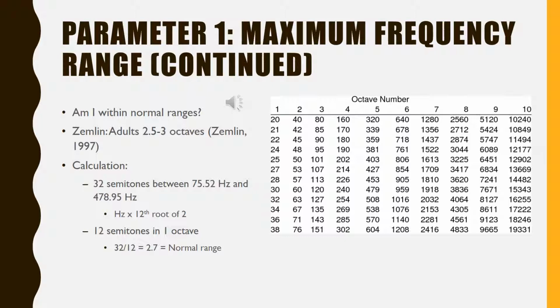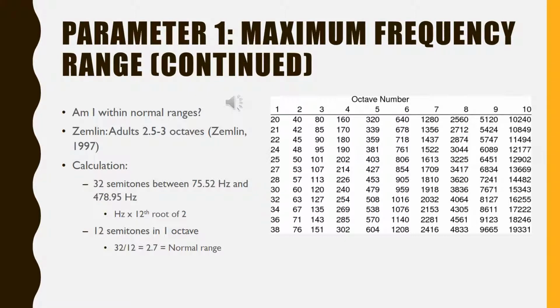We learned the calculation to do that, so basically what you need to do is take the lowest pitch, 75.52, multiply that by the 12th root of 2, take the next number, multiply by the 12th root of 2, and keep doing that over and over again until you get to 478.95, and then you can count how many semitones there are. An easier way to do that would be to just look up an octave chart like the one there on the right, and you can just count how many semitones there are.